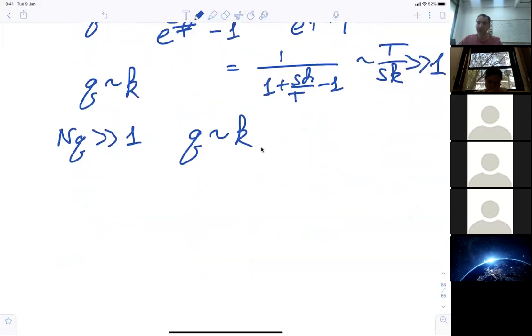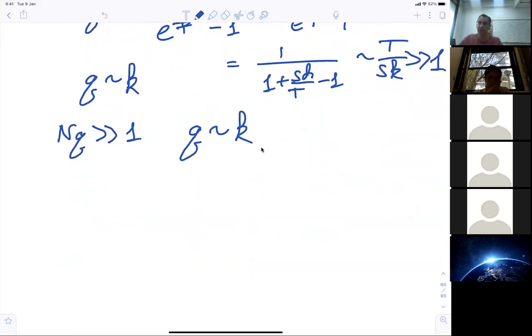Okay, so that's what happens in the classical limit, where there's a non-degenerate Boltzmann gas. So now let us consider the situation when temperature is much smaller than the Fermi energy.